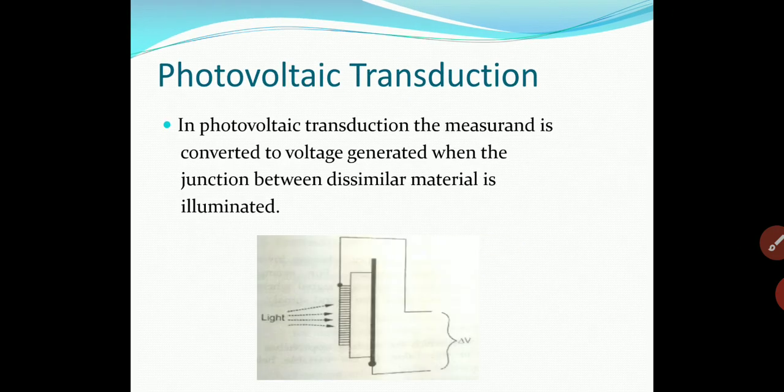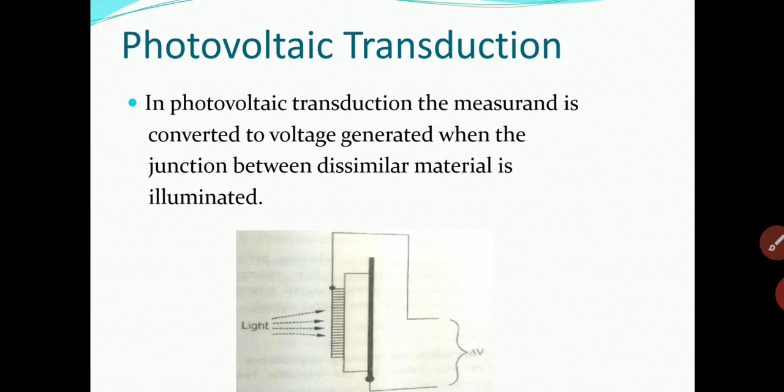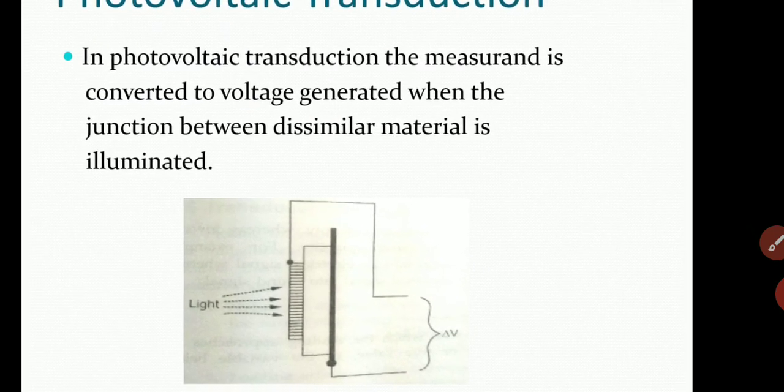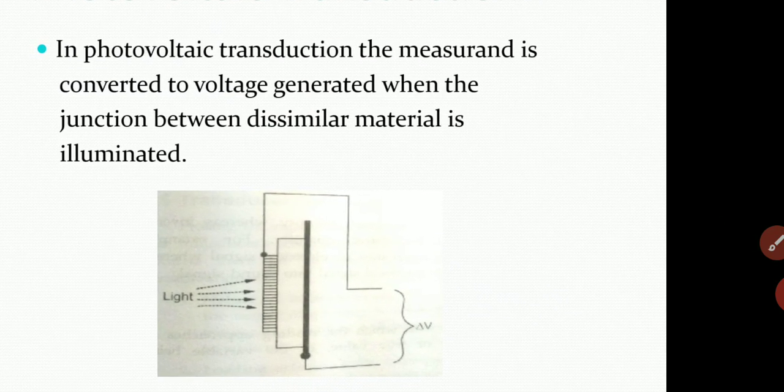Next is photovoltaic transducer. In the photovoltaic transducer, the measurand is converted to voltage generated when the junction between dissimilar materials is illuminated. जैसे कि हम डायग्राम में देख सकते हैं, जब यहाँ पे लाइट आएगी, when the illumination will be there, then there will be voltage generation.